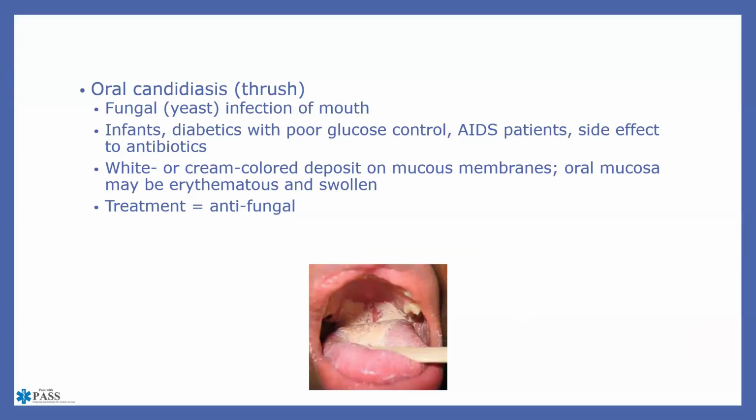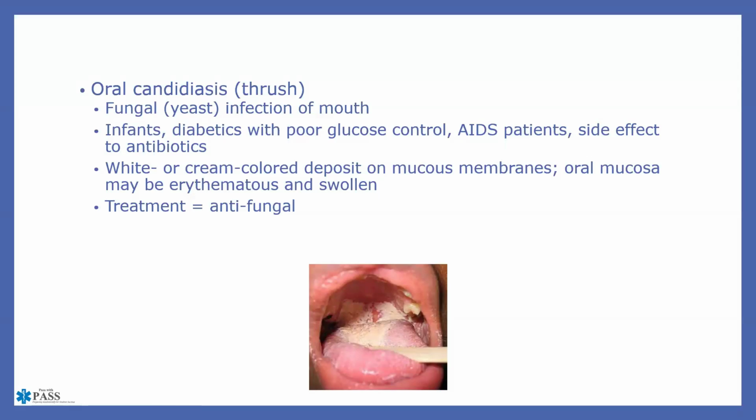Another one that's pretty easily identified and recognizable is oral thrush. This is a fungal infection of the mouth. Infants and diabetics with poor glucose control, your patients with HIV or AIDS, and as a side effect to antibiotics. Remember that we have normal microflora that grows in the mouth, in the vaginal canal, those areas.